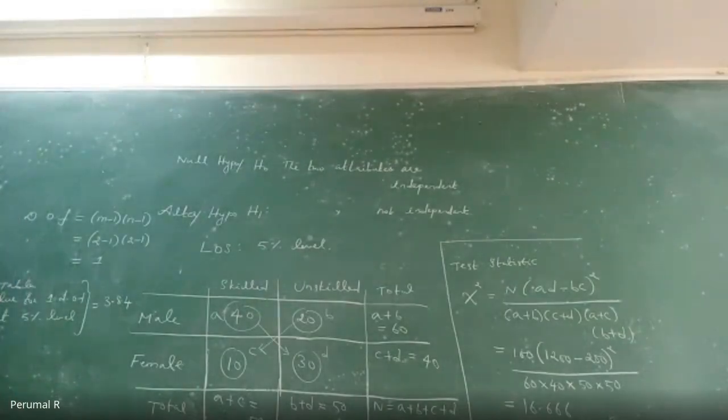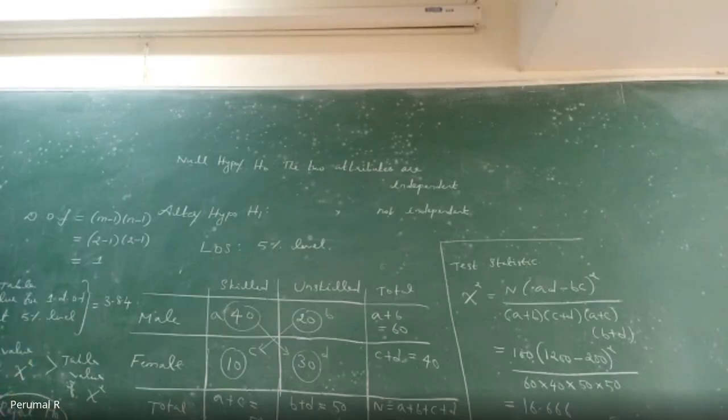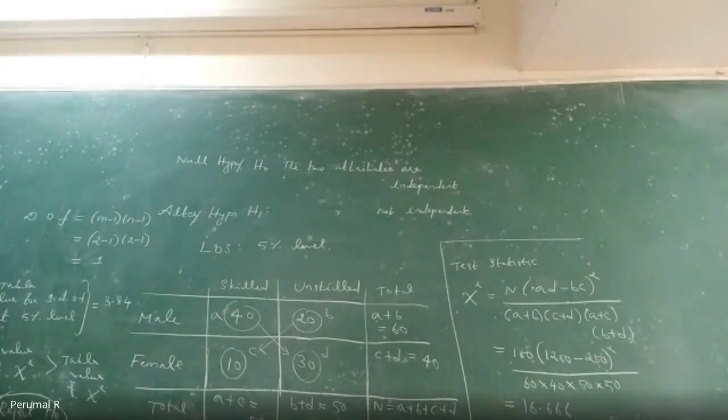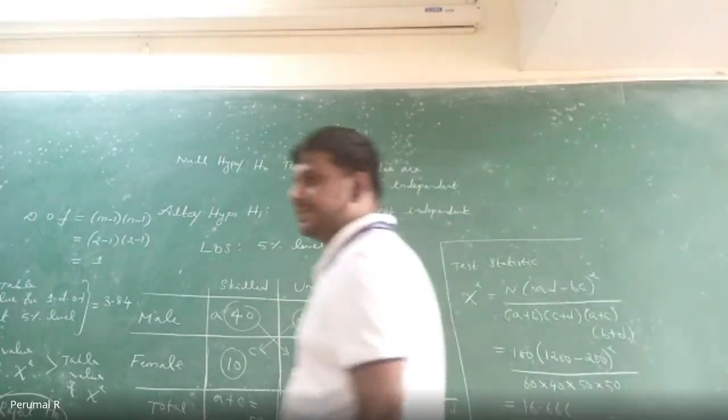Therefore your calculated value of chi-square is greater than the table value of chi-square, so you can reject your null hypothesis. That is your decision. In that way you are computing your calculated value and table value. So is this one clear?